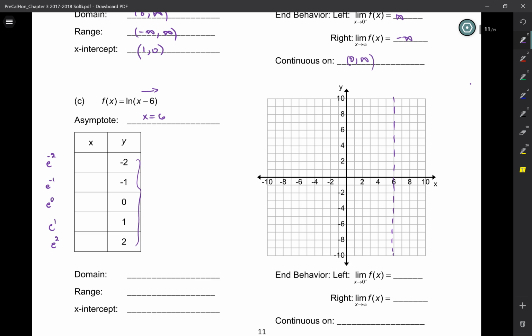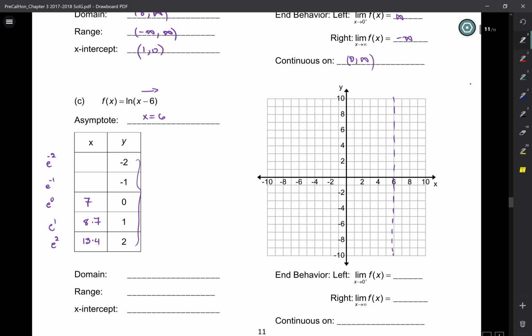So let's start from the middle. What's e to the 0? 1, but then we have to move it over 6, so it's 7, right? e to the 1 is 2.7, so 8.7. e to the 2 is 7.4, so it's 13.4, right.